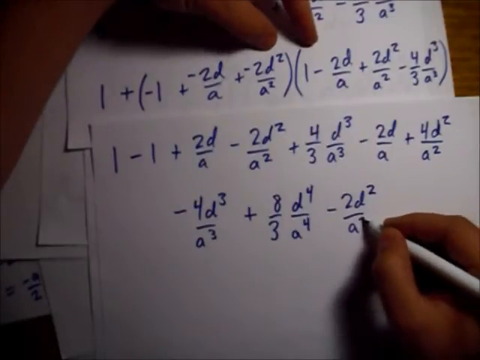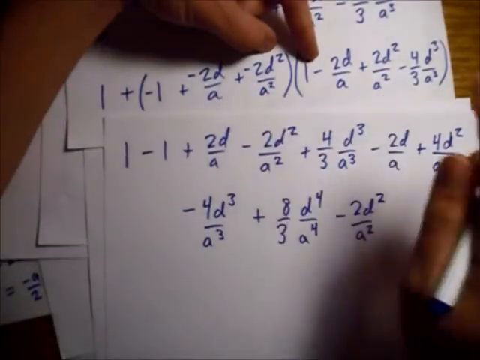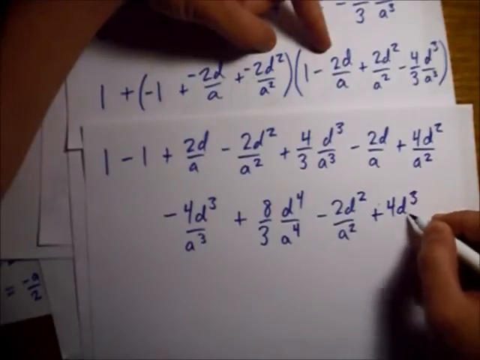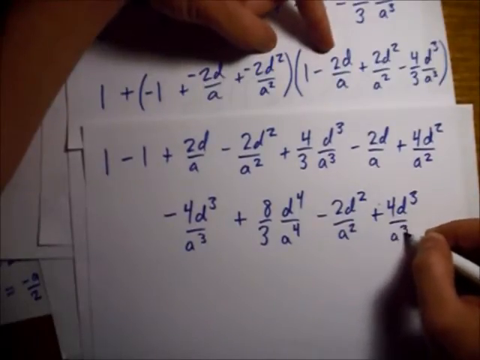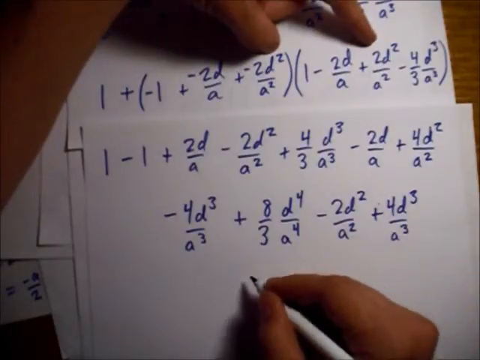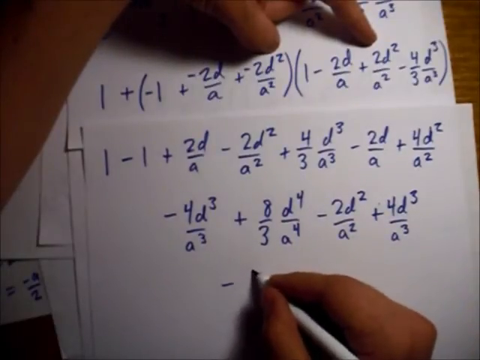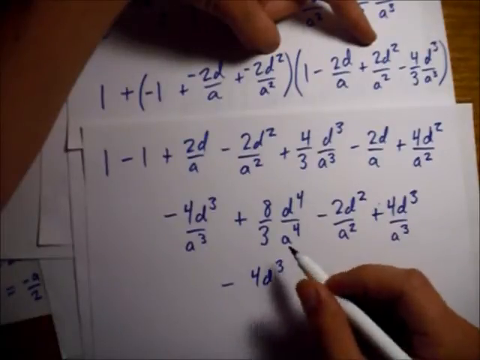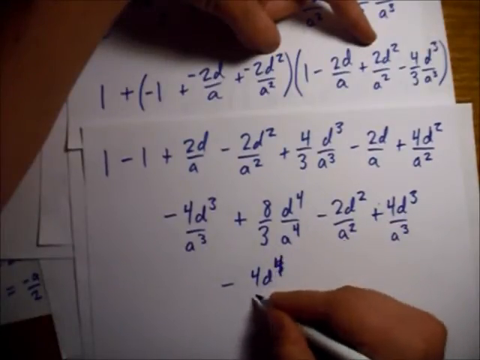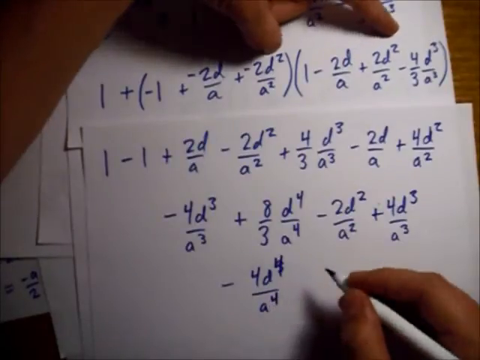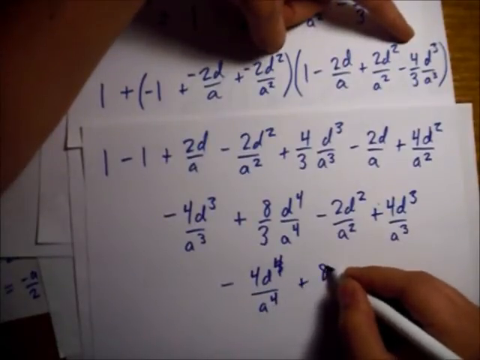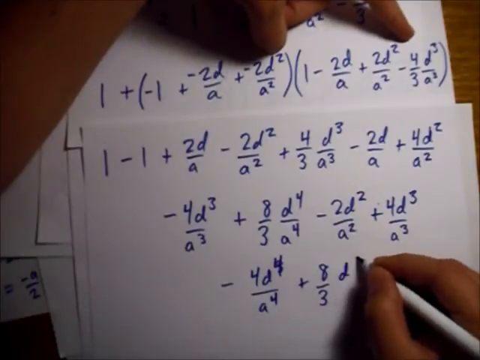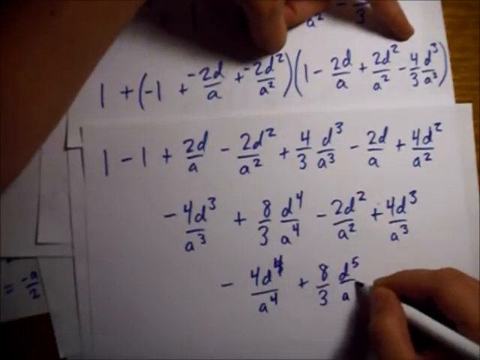That was this one multiplied by this one. All right, now we've got a plus 4d cubed over a cubed, and then minus 4d to the 4th power over a to the 4th power, and then a plus 8 over 3d to the 5th over a to the 5th.